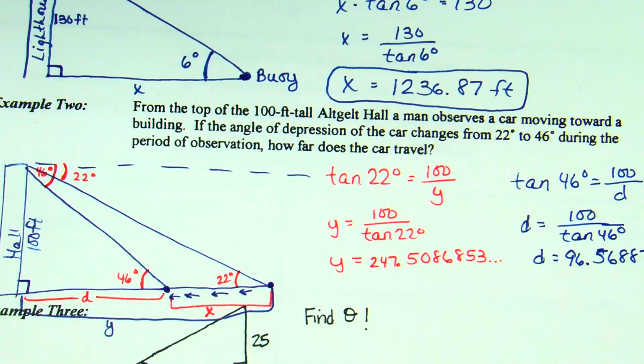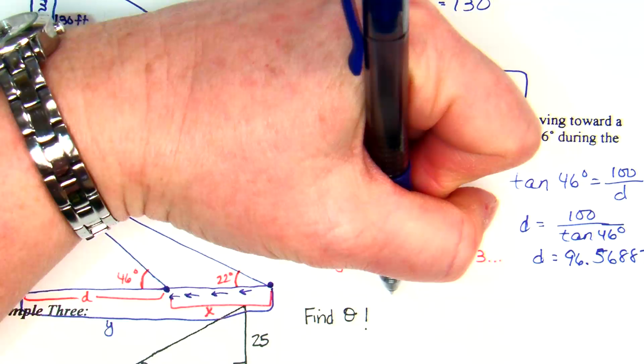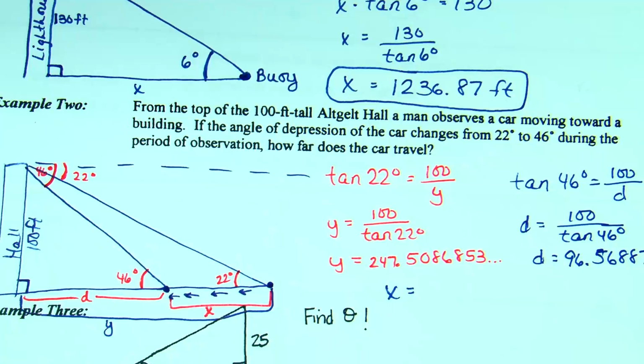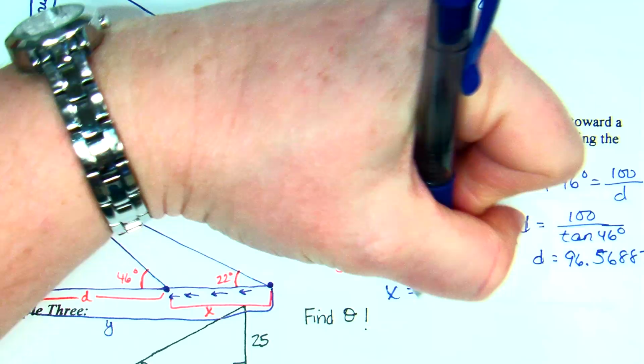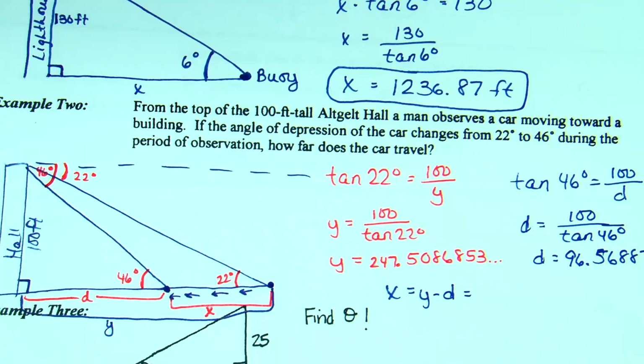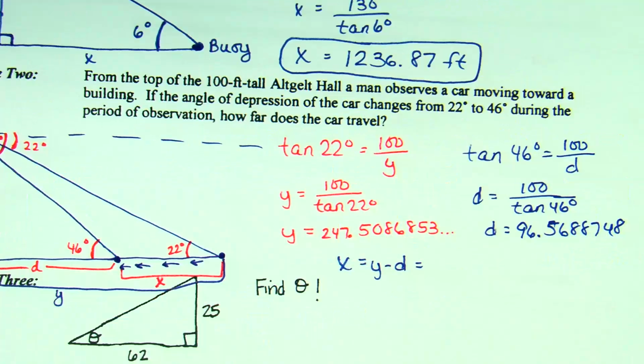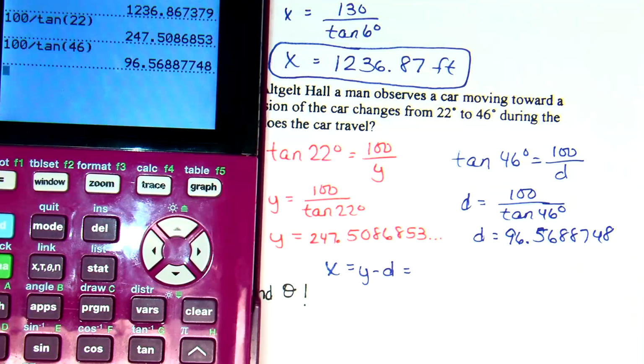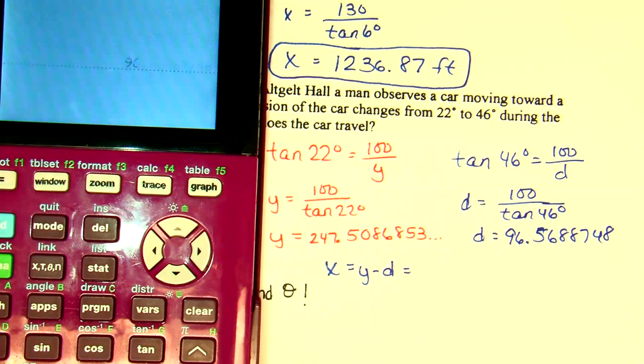Excuse me. My goal was to find X. How am I going to find X? Okay. X is going to be Y minus D. Honestly, if you wanted to type it in by hand on your calculator, making sure you have enough numbers there. Or, if you still have them on your calculator, 247 point whatever minus 96 point whatever.